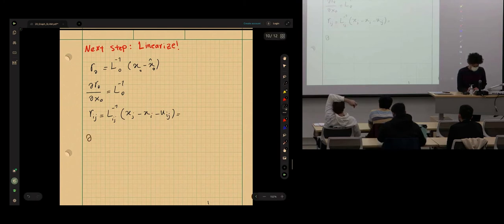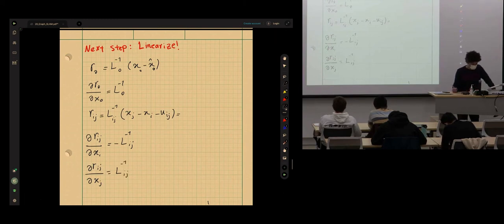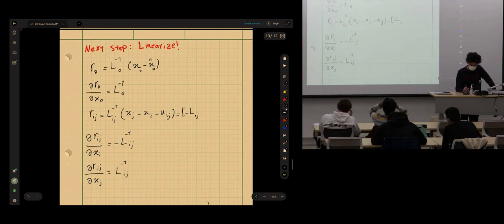So the derivative of this residual with respect to the first variable xi is negative of Lij inverse, and the derivative with respect to the second variable xj is the positive of Lij inverse. Also, it will make it easier later to assemble this in matrix form.